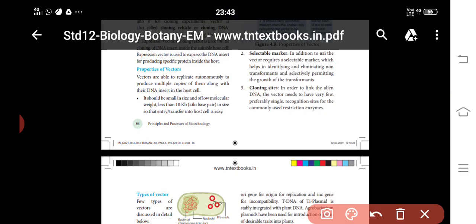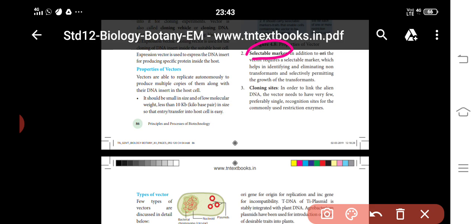So how do we select the markers? The selectable marker is very helpful for identifying which DNA segments are eliminated and which are selected for permitting growth.